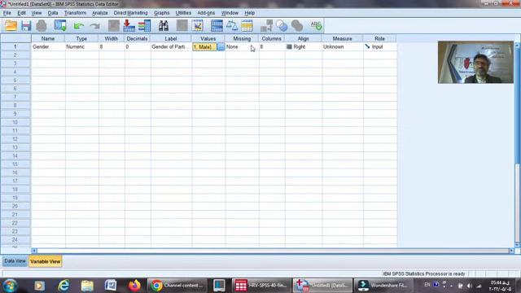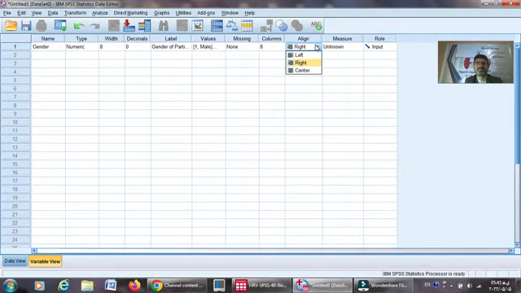Missing, we mostly use for some huge data structure, numeric data structure analysis, but for such variables like gender, level of education, such things, there is no need to put anything. Columns is where we can add or decrease column width. When we put it, we show the wideness of the columns, but it is standard, no problem.